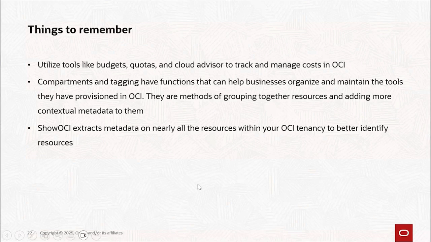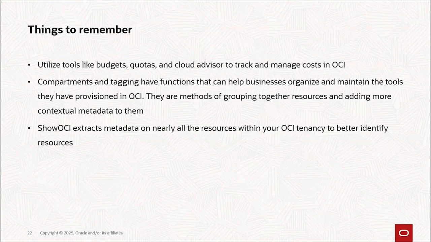Yeah. So just to recap, there's a variety of different tools that you can use to manage costs in OCI. We covered Cloud Advisor. It will give you different recommendations that you can implement, postpone, or dismiss around performance, cost management, all of that. And then Jason just mentioned budgets.